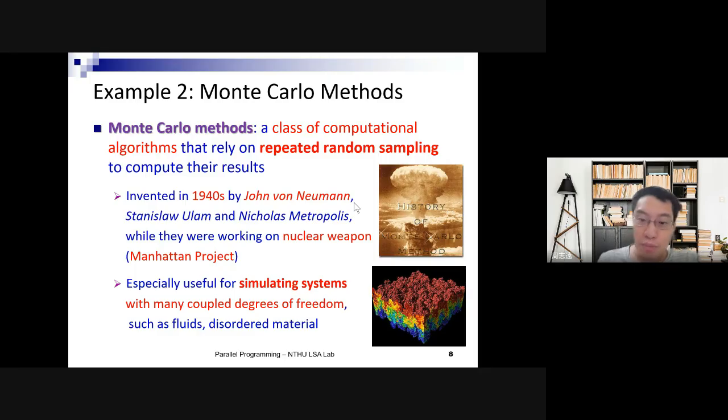You can keep repeating this to find out how to adjust your guess, and eventually you are able to reach the optimum result. This is exactly what happens in the gradient descent algorithm for deep learning as well. So this method can be applied in many domains.